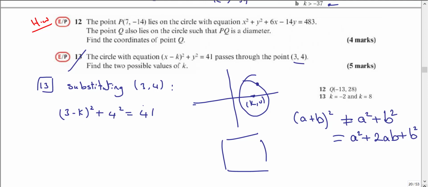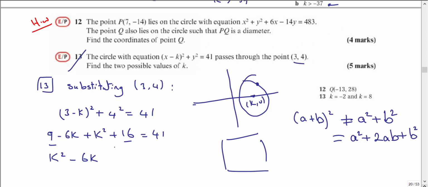Now we have an equation in only k. The only unknown is k. There is no x, there is no y. So what to do here? Expand the bracket to get 9 minus 6k plus k squared plus 16 equal 41. Move the 41 to the other side and add it to these numbers also. So you have k squared minus 6k.